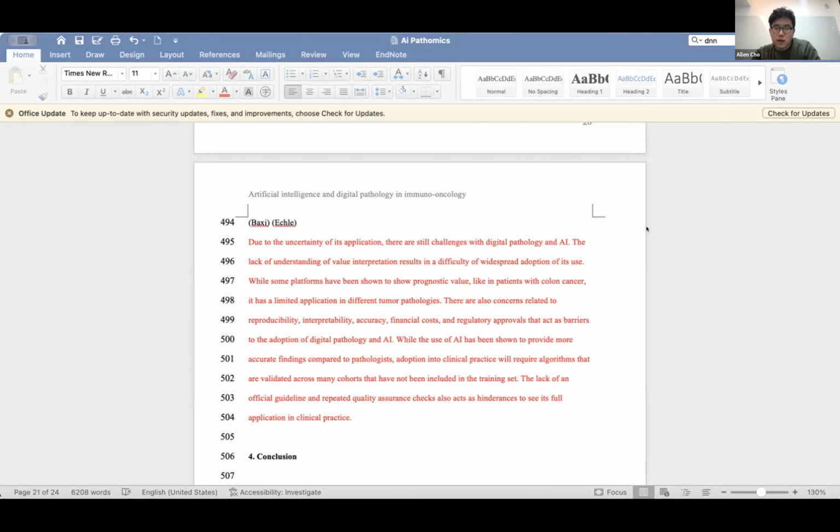Both of these articles mention in a similar vein that there's no current standard for AI pathology and it's still an improvement.